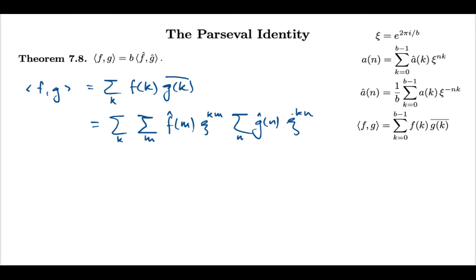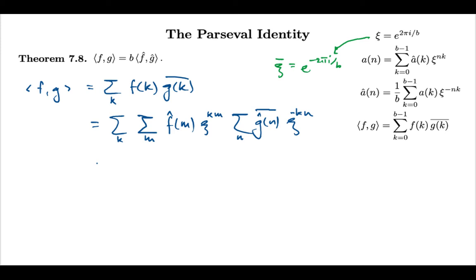We mustn't forget that we are taking the conjugate of g, so that means we need to conjugate everything in this sum. The coefficients just get conjugated, and conjugating the exponential means introducing a minus sign. If you remember, xi is this root of unity, and that means that xi conjugate will be e to the negative 2 pi i over b.